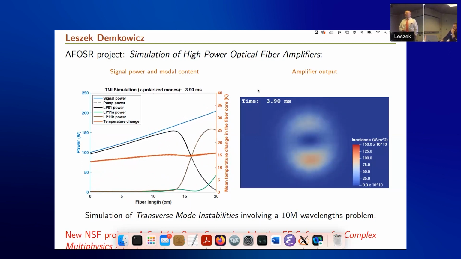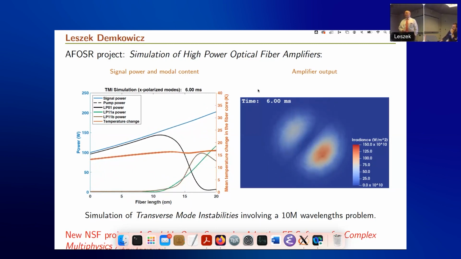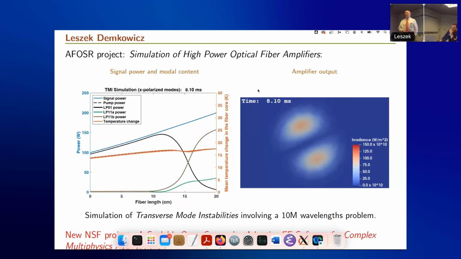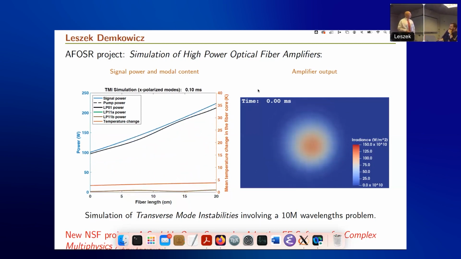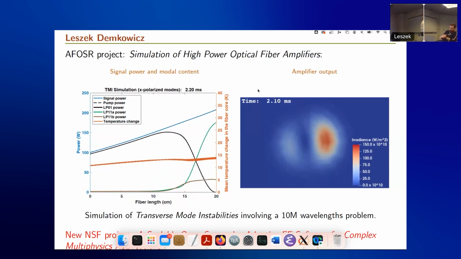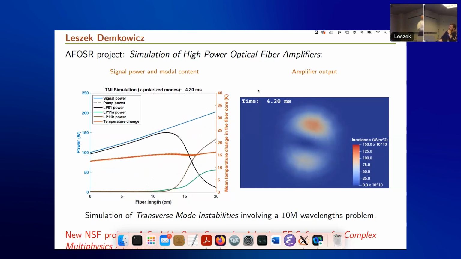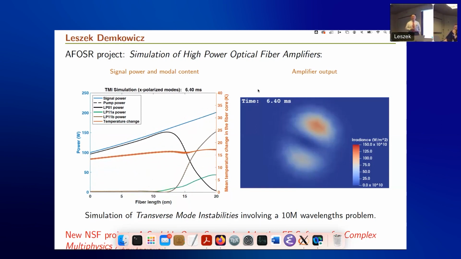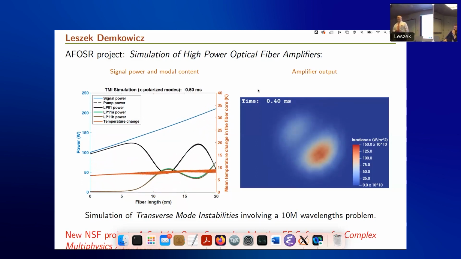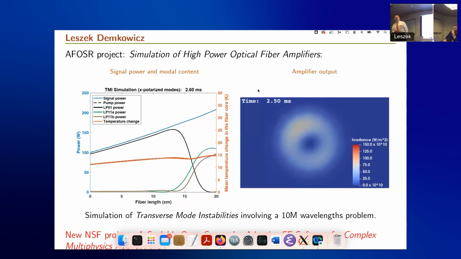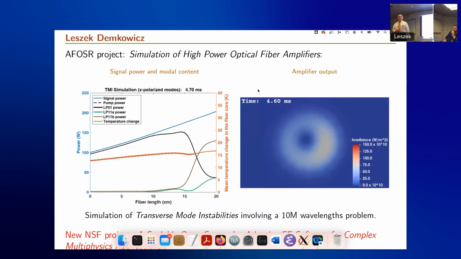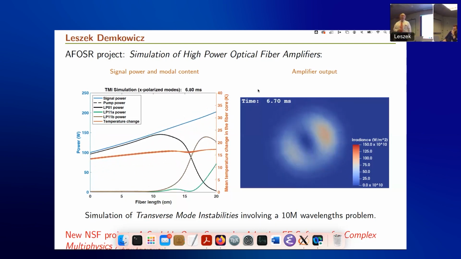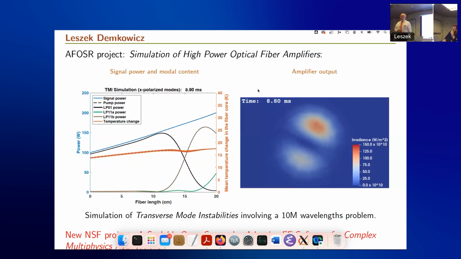So it's a non-trivial problem. But the first and foremost non-triviality here comes from the fact that this innocent looking picture, representing what is called transverse mode instability, represents a solution of the Maxwell equations with not less than 10 million wavelengths. And we're talking 3D simulations, 10 million wavelengths, right?